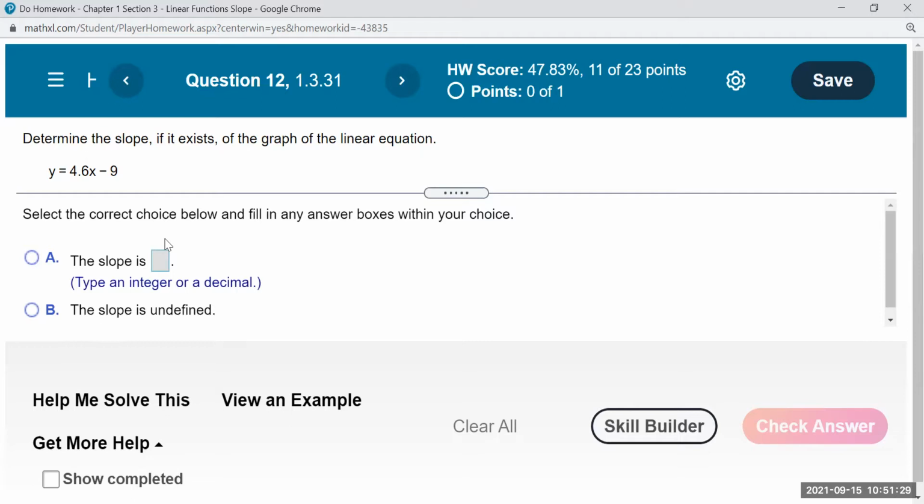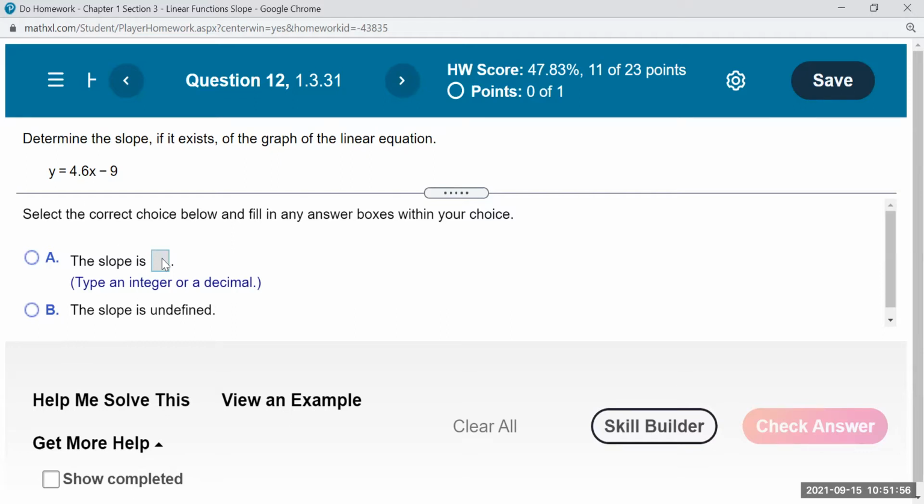Determine the slope of an equation. The slope is always where in an equation? It's whatever's in front of the x is the slope. Because it's y equals mx plus b. If there's nothing there in front of x, it's a what? 1. If there's nothing there in front of x, it's 1.